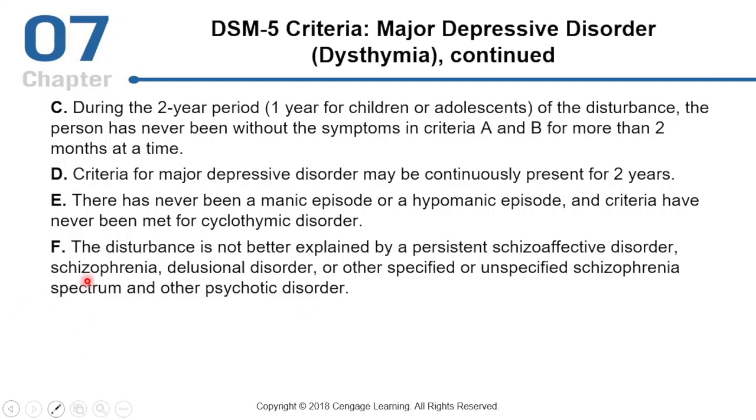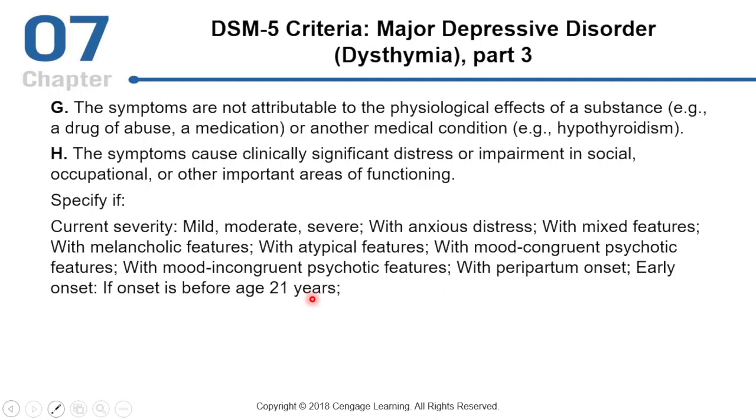And of course, the F1, it shouldn't be better explained by another disorder, particularly yung nasa schizophrenia spectrum disorder. And then next, symptoms are not attributable for physiological effects of a substance or another medical condition. And of course, it should be causing clinical disturbance or distress and impairment in social, occupational, and other important areas of functioning. So again, for the specifiers, it would be helpful if you read it in the DSM-5-TR.